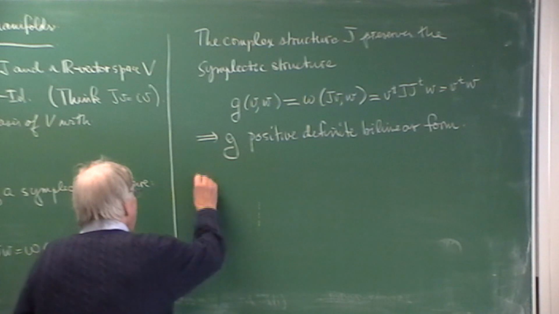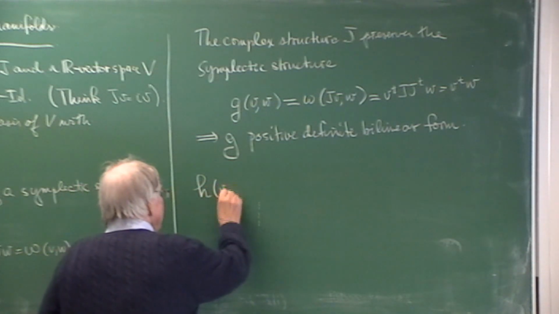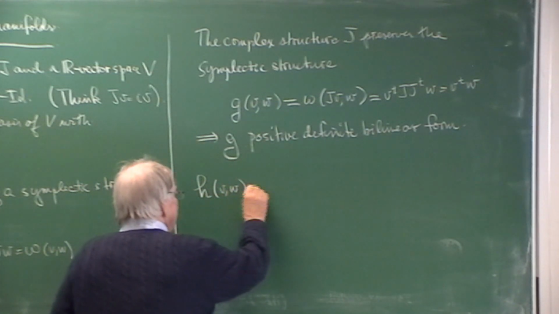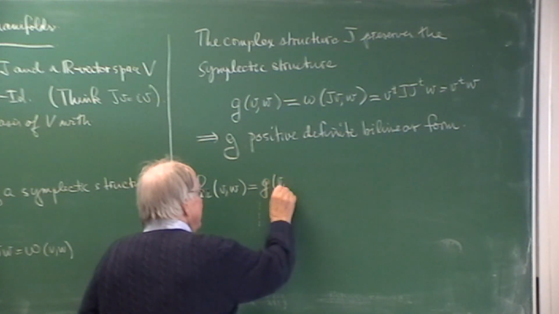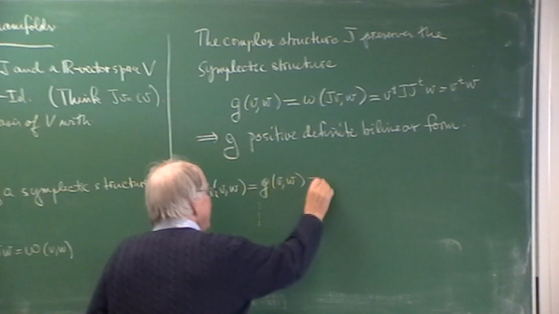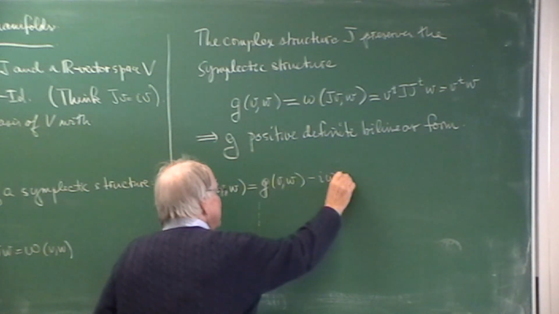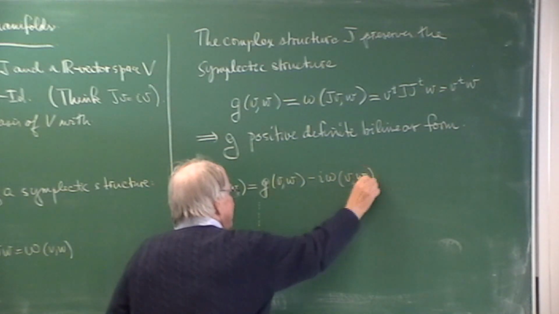Well, let's look at this. H of V, W equals G of V, W, and now you have to learn to put the right sign in things. This is the right sign.